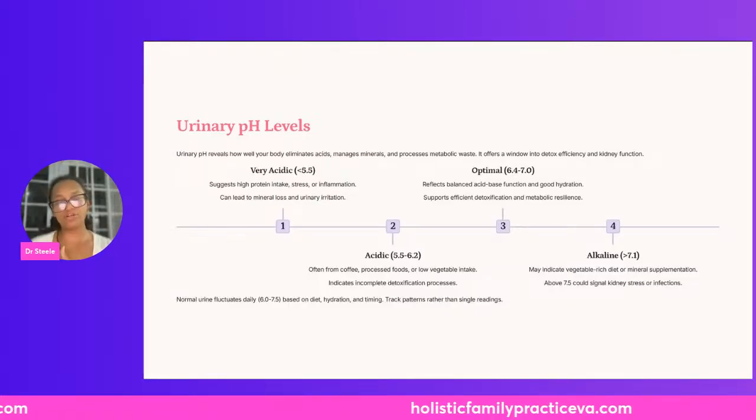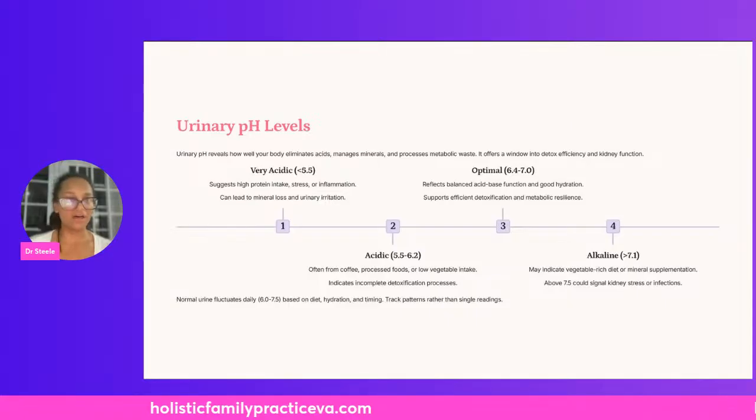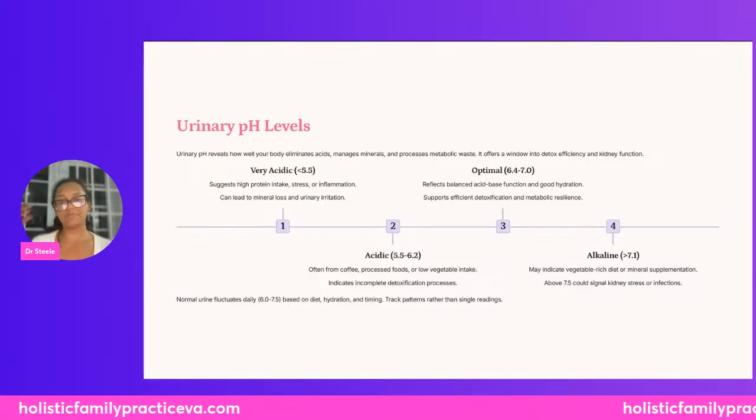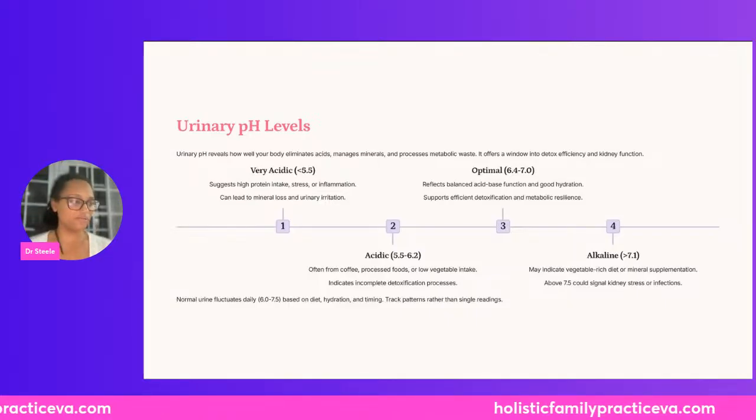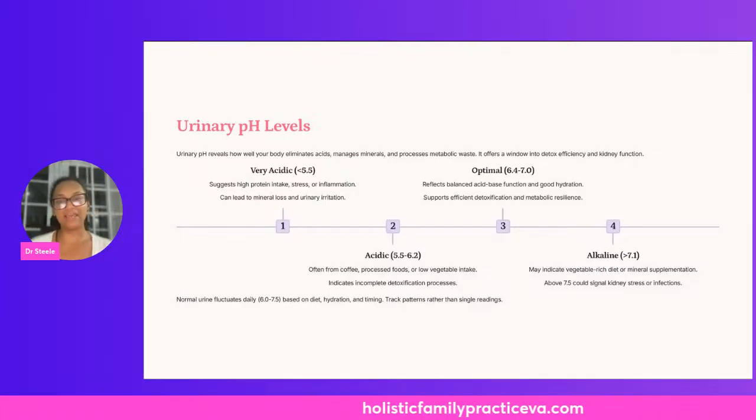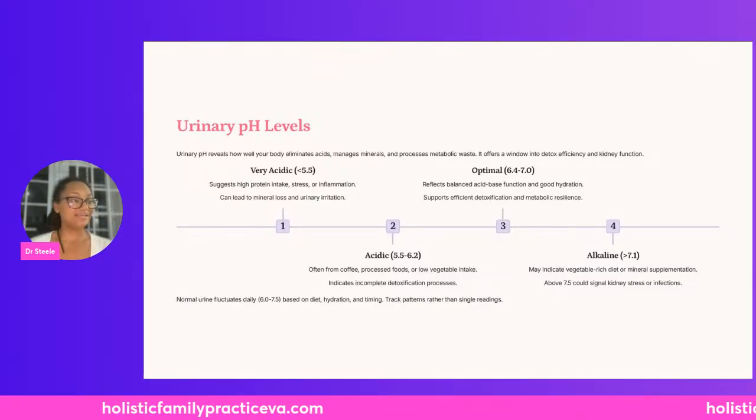If your urinary level is 7.1 and above, it can indicate a lot of vegetable-rich diet and mineral supplementation, but if it's above 7.5, it can indicate that there's kidney distress and or infections.